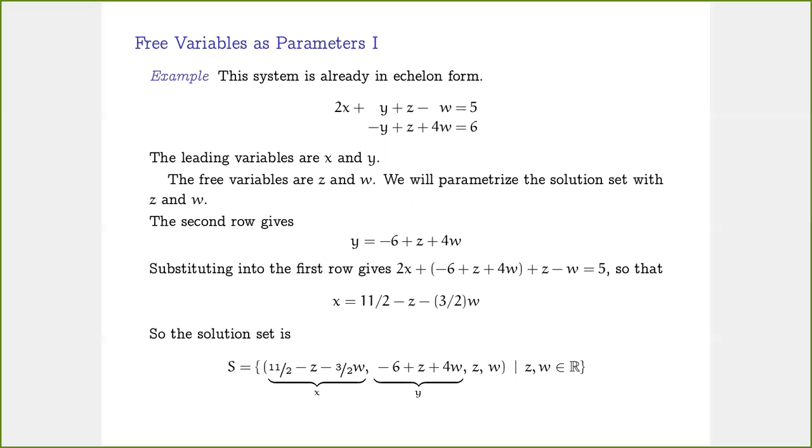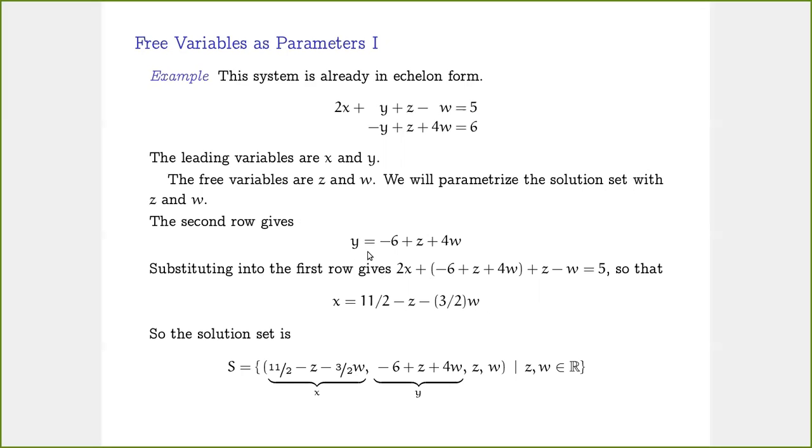That gives us minus 6 plus z plus 4w. Substituting this expression into the first row gives 2x plus the expression for y plus z minus w equals 5. Doing the algebra to solve for x in terms of z and w produces this line here, that x is 11 halves, a constant, minus z minus 3 halves w.